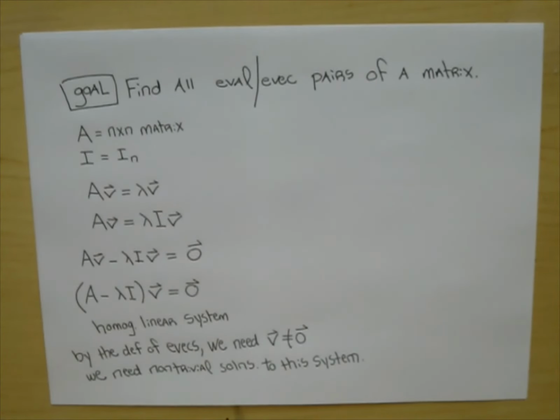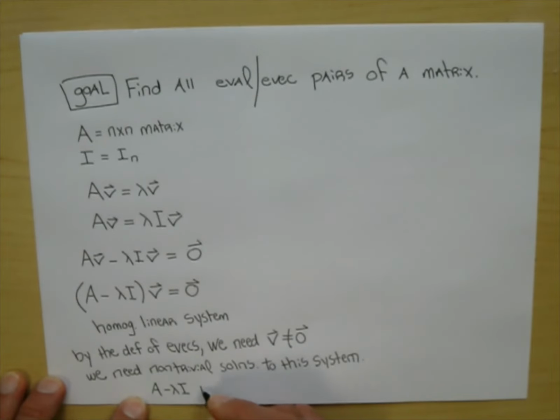Okay, to get non-trivial solutions, remember A minus lambda I is a square matrix. To get non-trivial solutions, we would like to have, when we do row operations on this, at least one row of zeros, which means A minus lambda I cannot be row equivalent to the identity. And another way of saying that is A minus lambda I is not invertible.